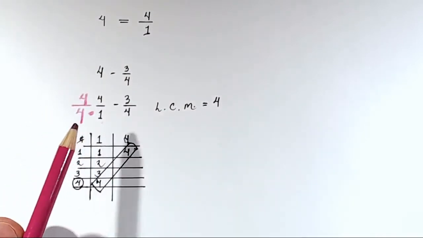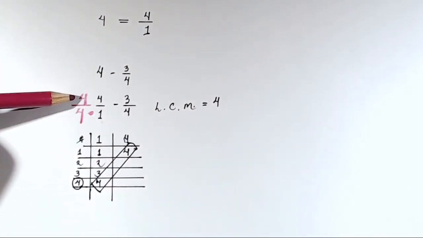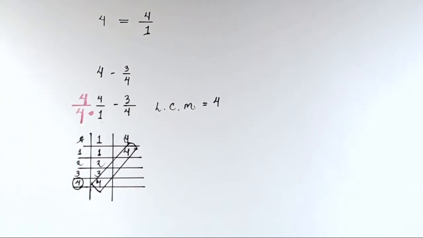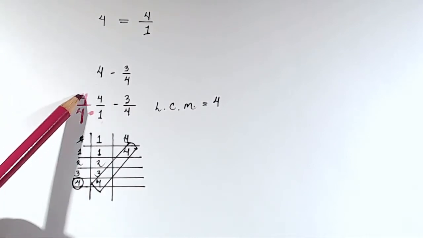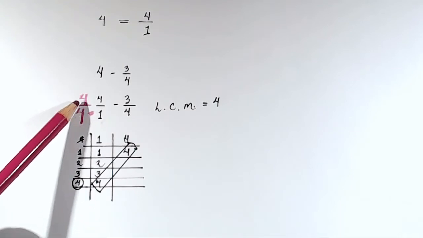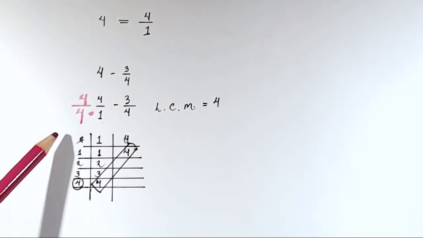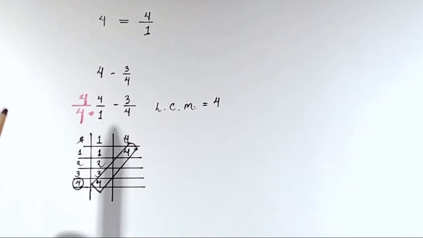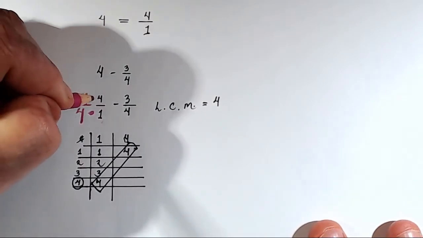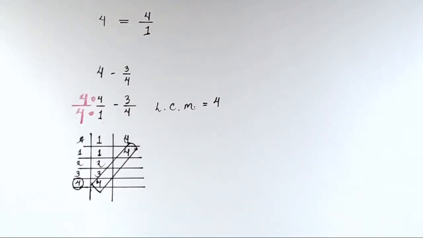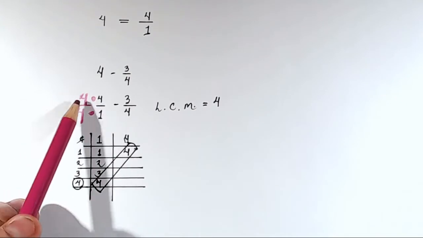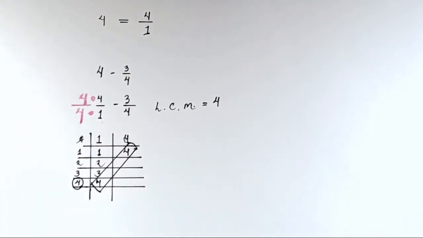Okay, so you must multiply both the denominator and the numerator by the same number, because this number 4 over 4, this fraction, reduces down to 1. And that's important. The only thing we can ever do is multiply a fraction by 1. So that's what we've done here. We've multiplied by 4 over 4.